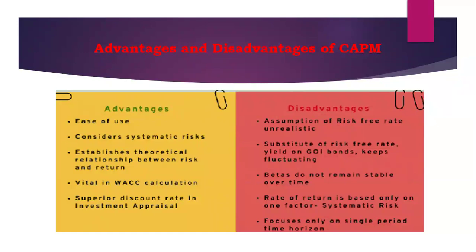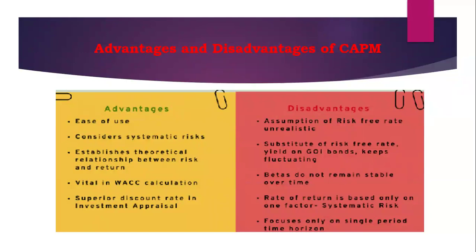When I talk about the disadvantages, basically the assumption of a risk-free rate is unrealistic. Normally, for any rate of return there will be some type of risk. Even if it is government bonds, inflation risk is there, right? That is an unrealistic approach by the CAPM. The second one is that as a substitute for the risk-free rate, the yield on government bonds keeps fluctuating.